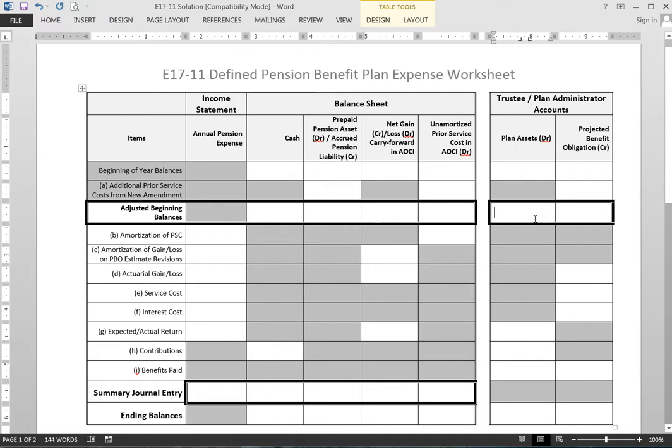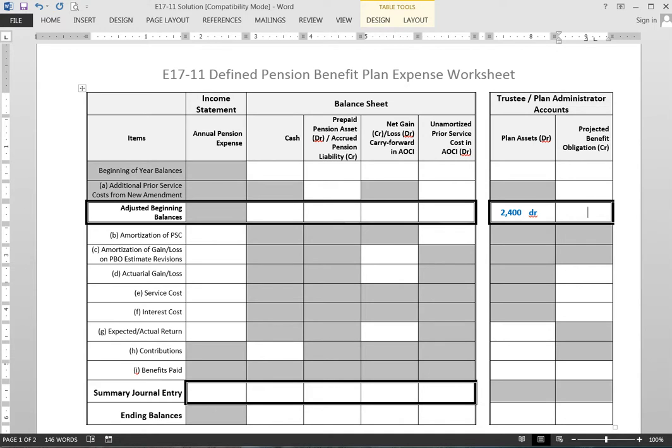So for example, our beginning balance of the plan assets is $2.4 million. I'm just going to ignore the zeros for now. And that's going to be, of course, a debit balance.